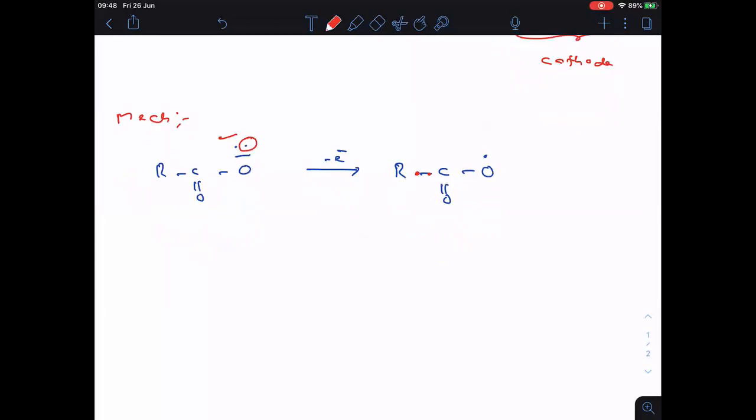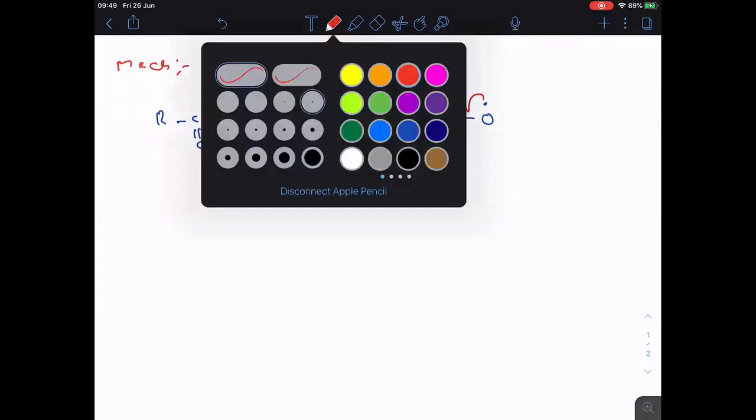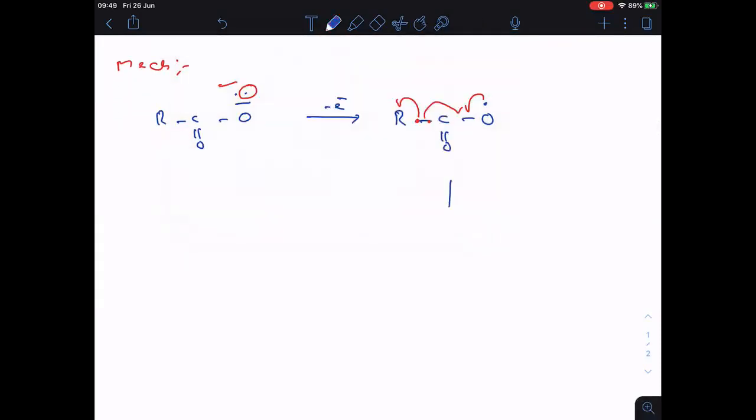Followed. Now this single electron comes here. From this, 1 electron comes here, forms a bond. In this, still 1 more electron is left over, that electron comes here. Followed. So now tell me, what is the thing that is formed here? R dot is formed, CO2 is liberated out.